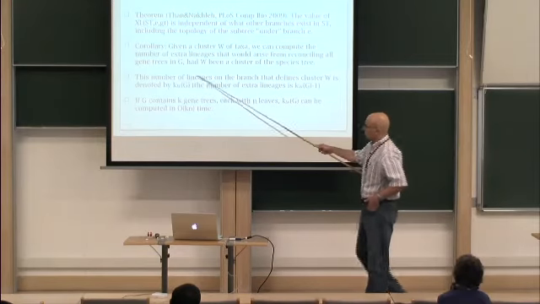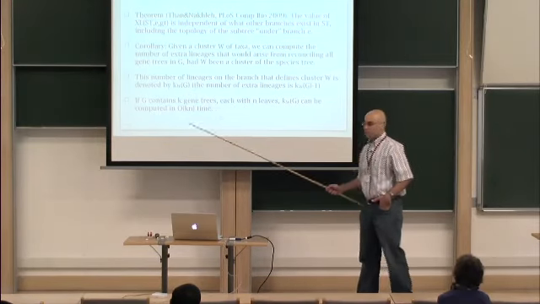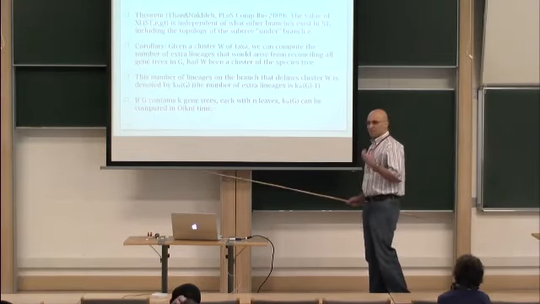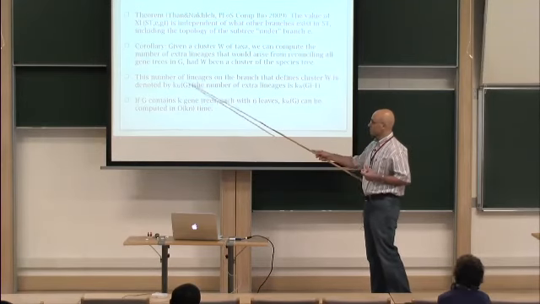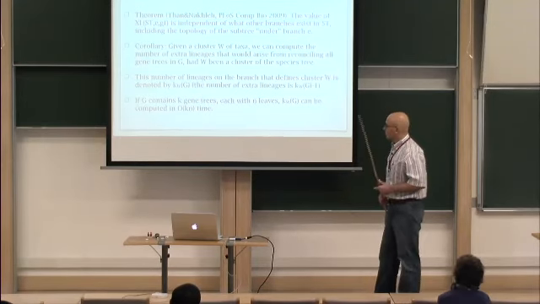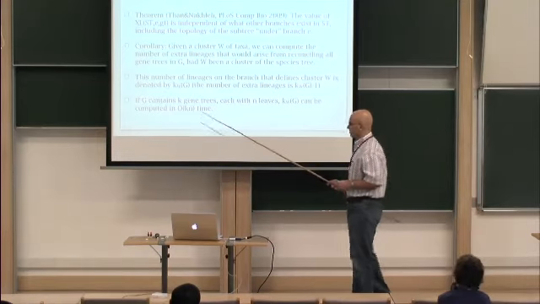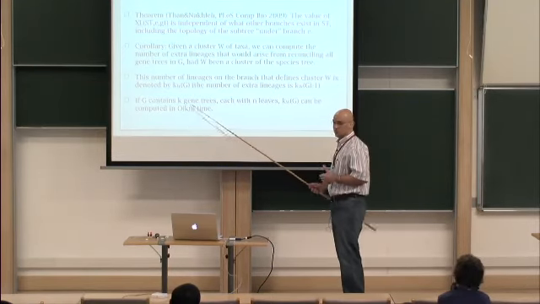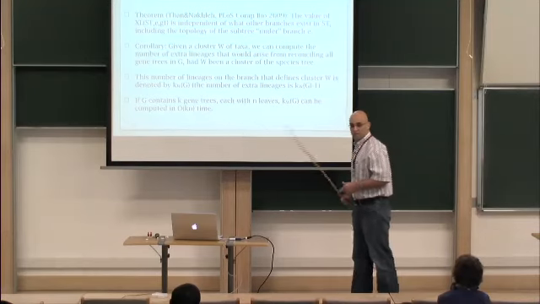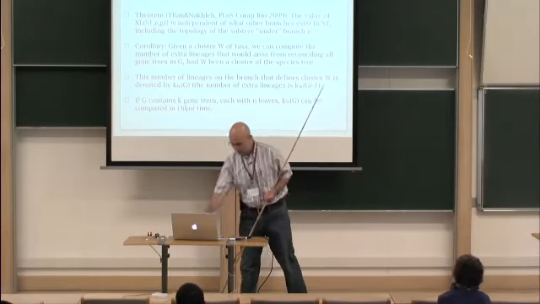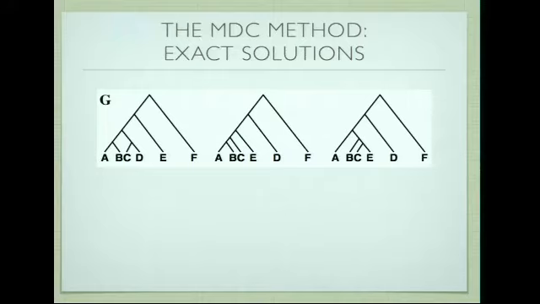We denote this number by K_W(G). K_W(G) is the number of extra lineages that will be on the branch over cluster W when we reconcile all the gene trees in G. And this is efficiently computable, in linear time in the number of leaves and in linear time in the number of gene trees.